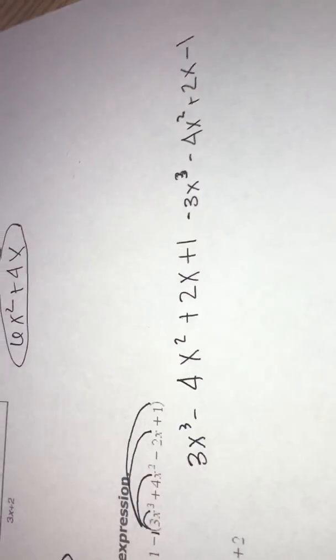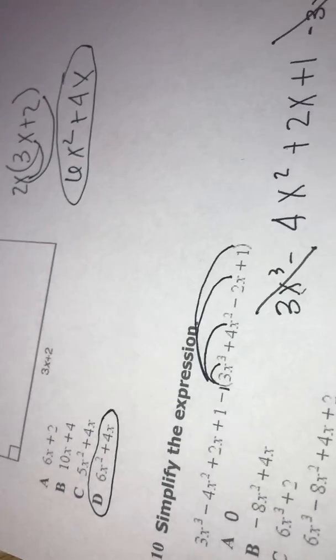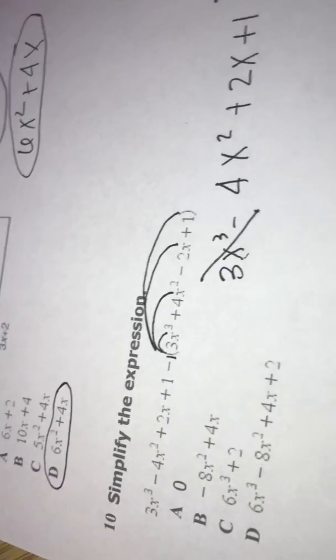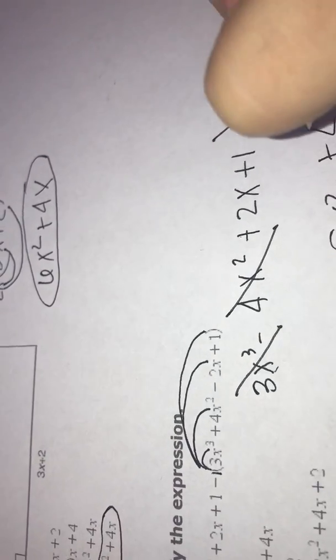And now we're going to simplify it all. So we'll start with the biggest. So that'd be 3x cubed minus 3x cubed. That equals 0. So those cancel out. Negative 4x squared minus 4x squared gives us negative 8x squared. And 2x plus 2x equals 4x.